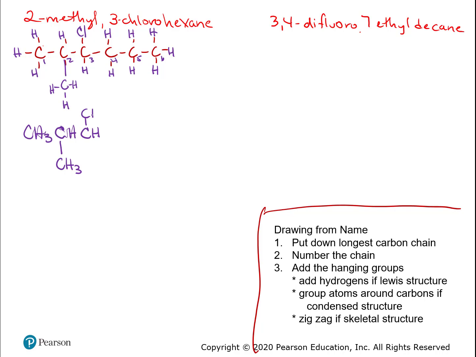And then carbon 4 would be a CH2, carbon 5, CH2, carbon 6, CH3. You see those? So that they call it condensed.